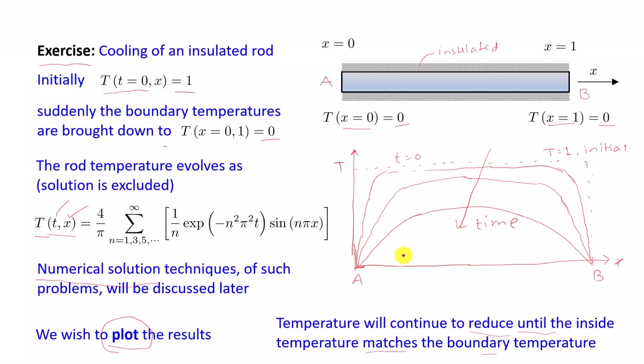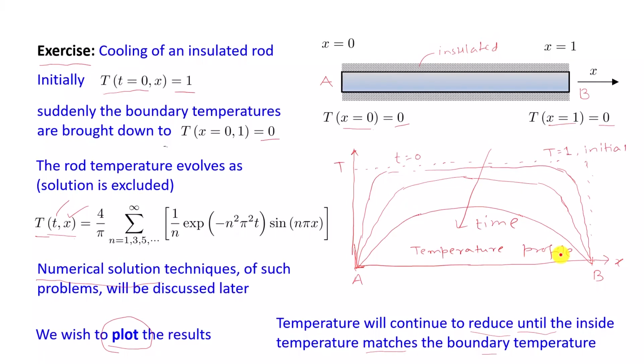As time progresses, the temperature will continue to drop. This is a kind of plot we call temperature profile. As time progresses, we can see that the temperature everywhere will continue to drop. Eventually, if we go long in time, the temperature everywhere will be more or less zero, and that is where the process will stop.